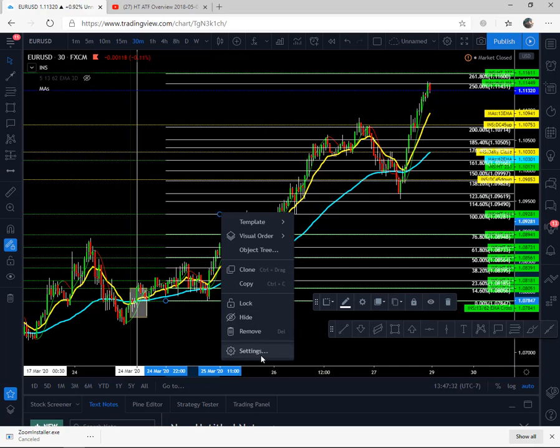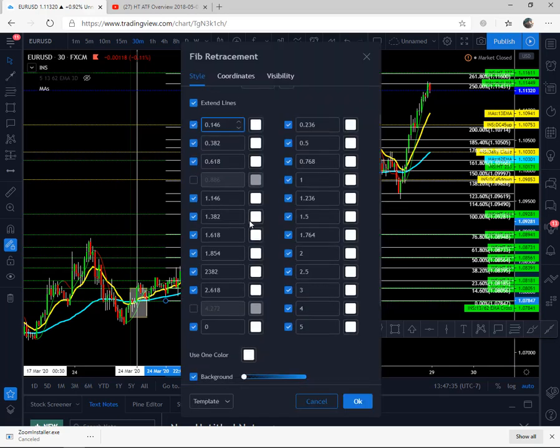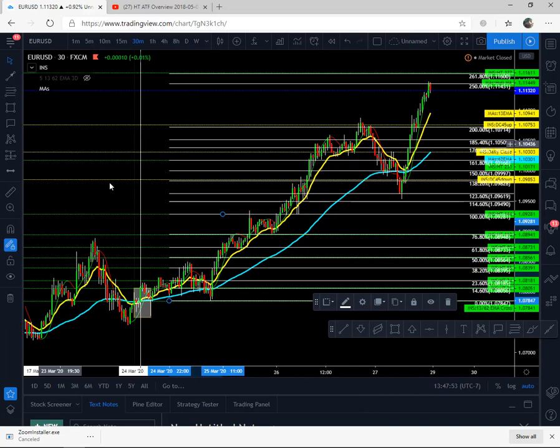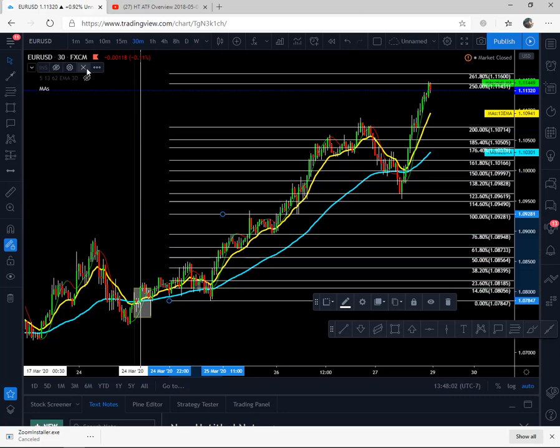I'm gonna go into settings and pretty much you could put this in your settings if you want to go with this method that I've been using. So now I don't need the INS indicator anymore.